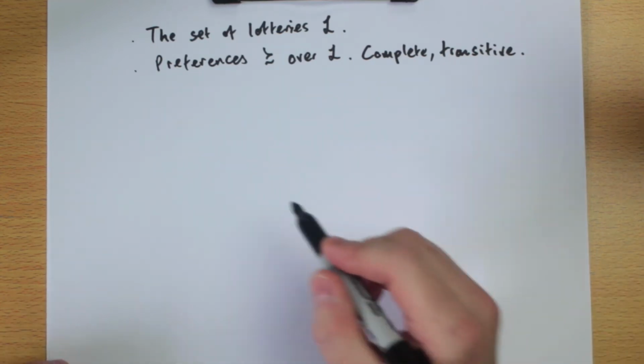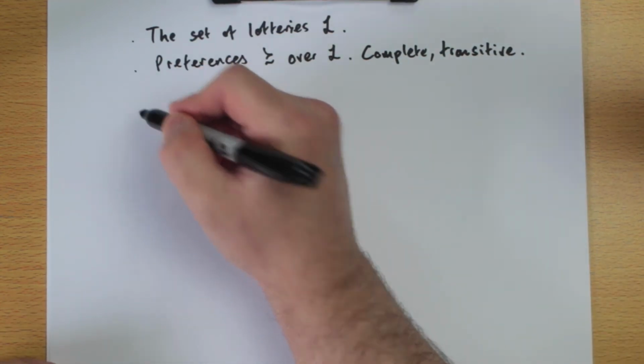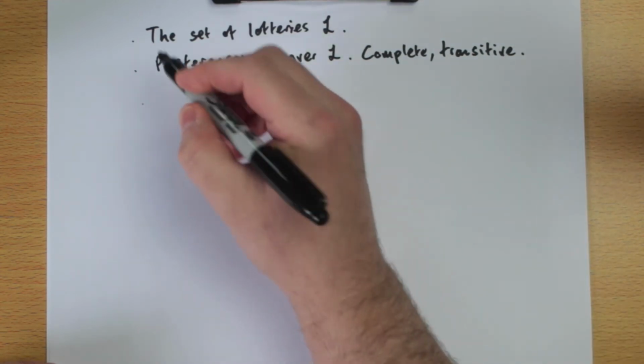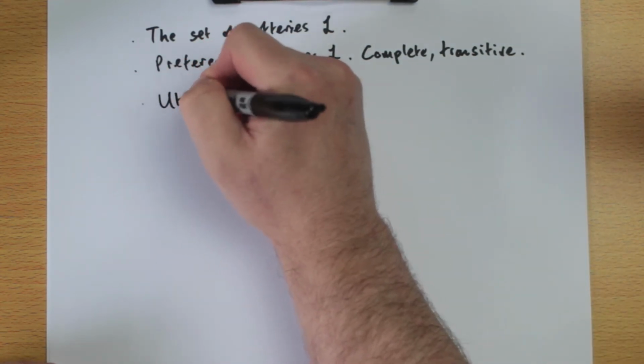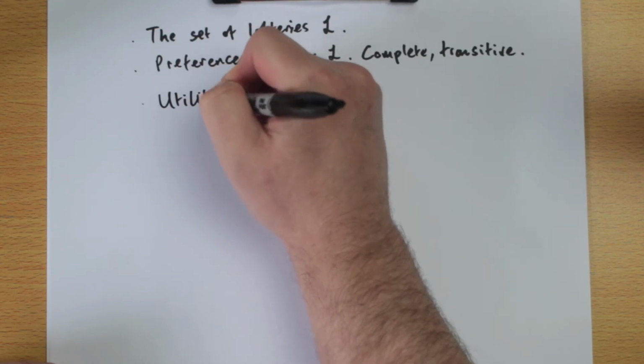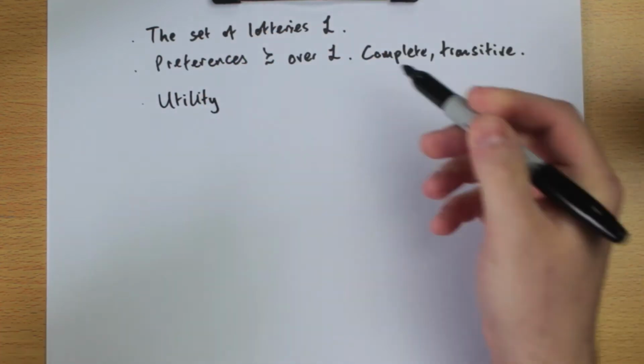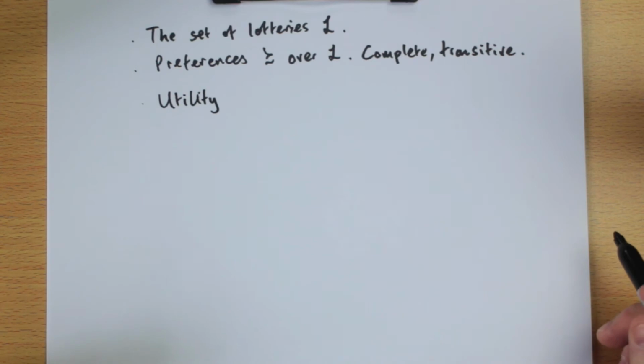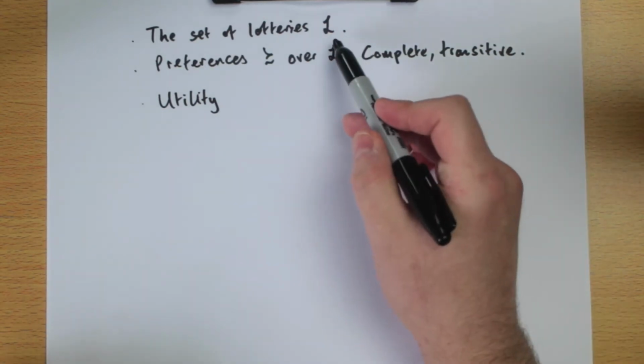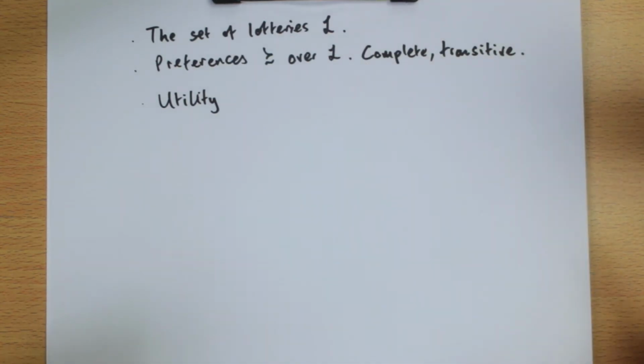Now if we did this, you would need one more assumption, a continuity assumption. The set of lotteries is now actually an infinite set, because when I assign probability numbers, I'm taking them from the interval [0, 1], which has uncountably infinitely many elements in it. So this is a much larger set now. It's a very large set compared to the finite set of outcomes.